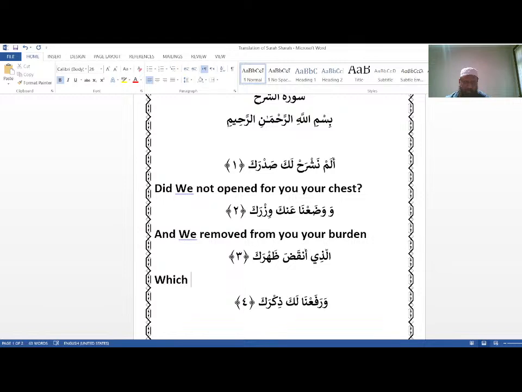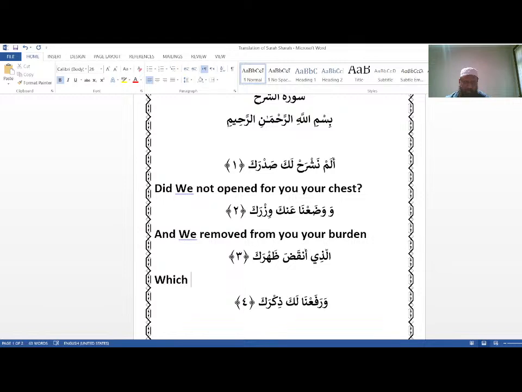Anqada yunqidu is a four-letter verb, which is thulathi mazid fi. Nun, Qaf, Dad is the main three root letters, and Hamza is extra at the beginning. So thulathi mazid fi, and in thulathi mazid fi we went through 8 babs.